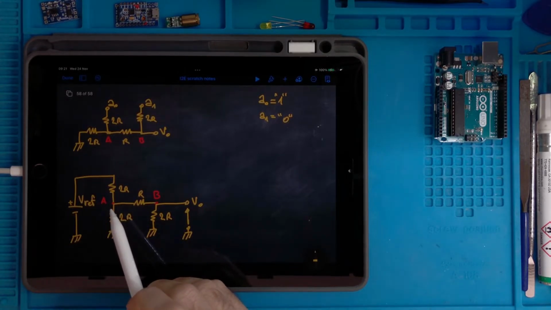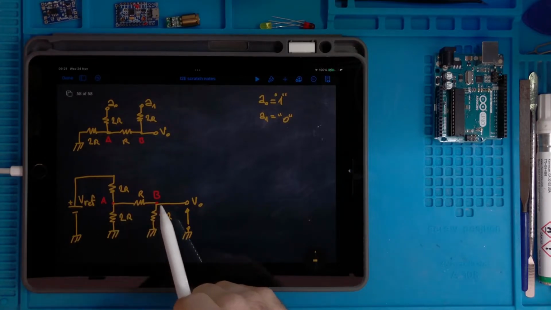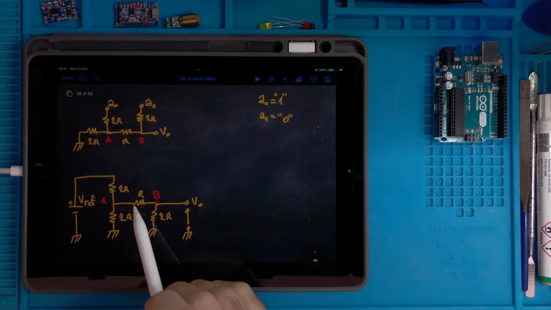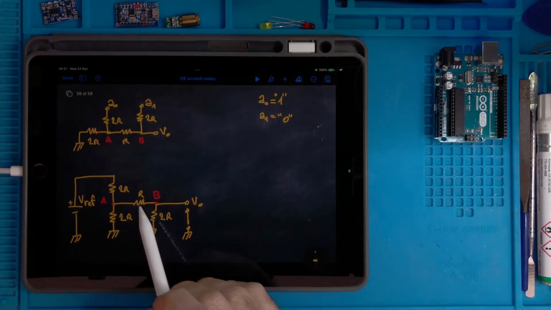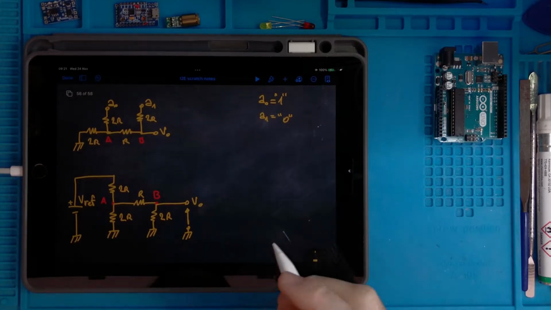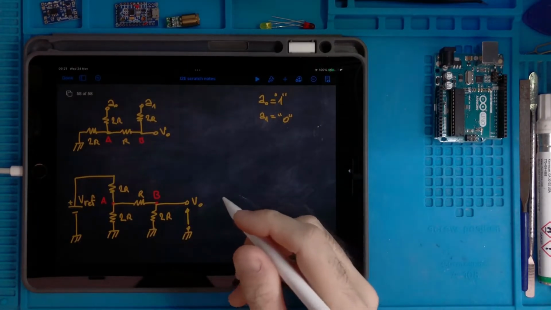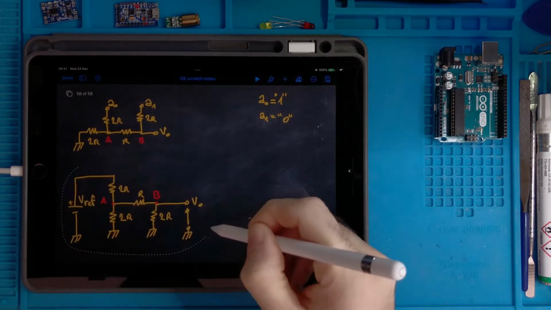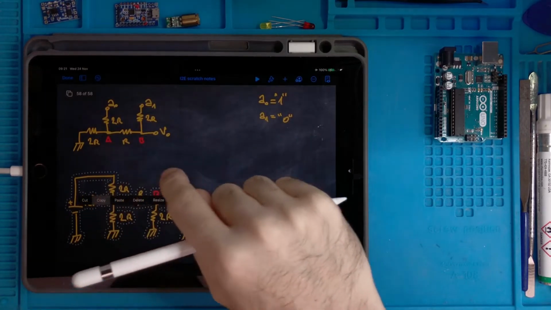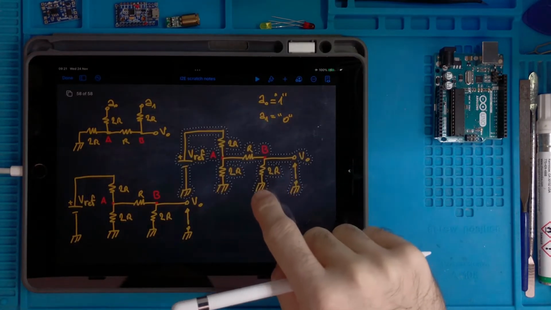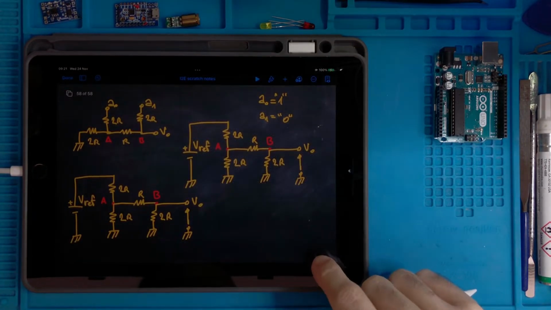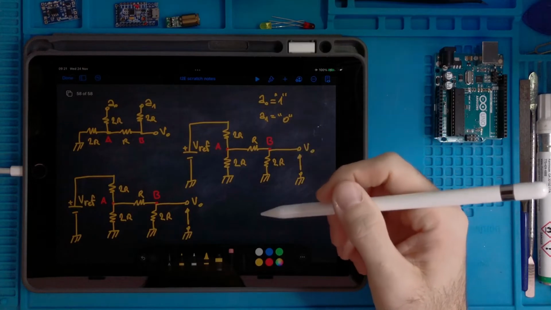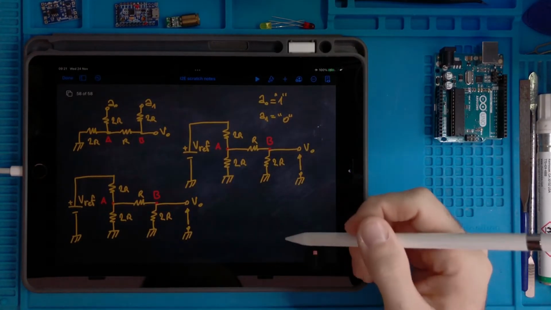So therefore I can calculate the voltage at the node A, and if I know the voltage at the node A, then I calculate the voltage at the node B by considering this voltage divider. So let's try to do this. So from this circuit I go to another one, which is this one, where I modify this thing here like this.